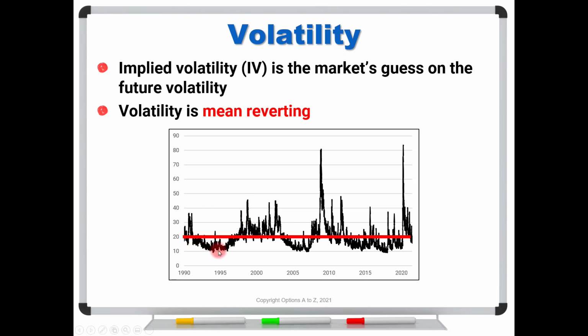It tends to revert towards the mean. On the other hand, if the VIX is high, like up into here, back here, '08, '09, coronavirus, there's a tendency for it to fall back towards this long-term average. So yes, this can give us some clues about whether it may be better to buy or sell, but it's not the end of the story.